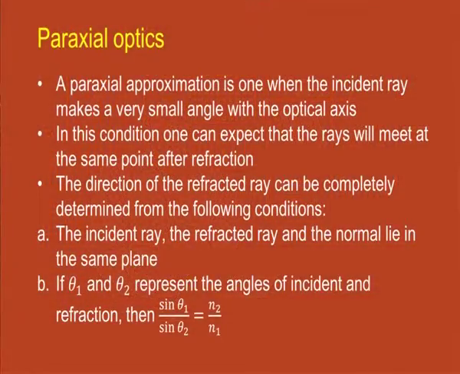So, first we will start the discussion with paraxial optics. So, what is paraxial optics? A paraxial approximation is one when the incident ray makes a very small angle with the optical axis and the object is located very close to the optical axis.